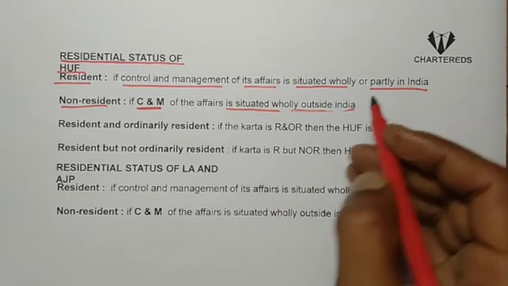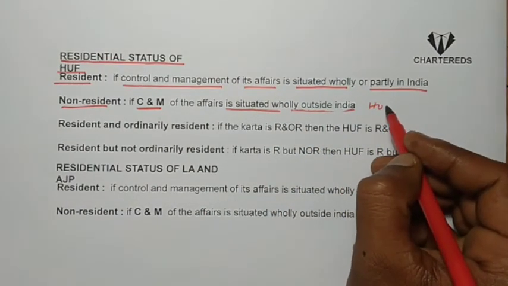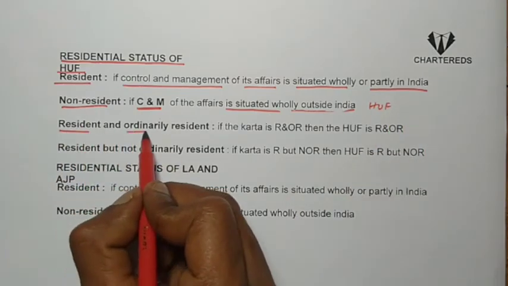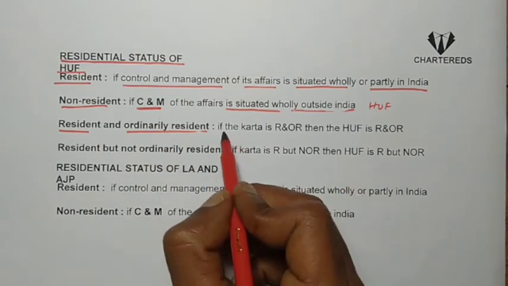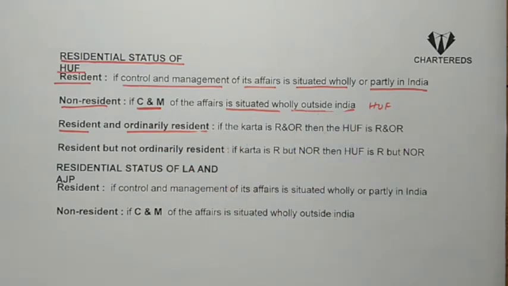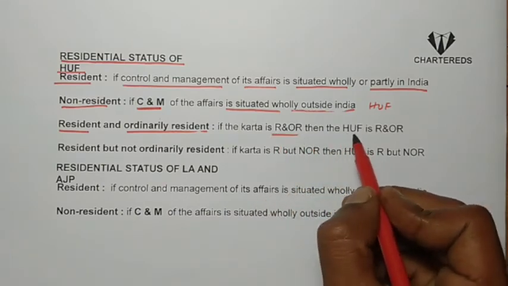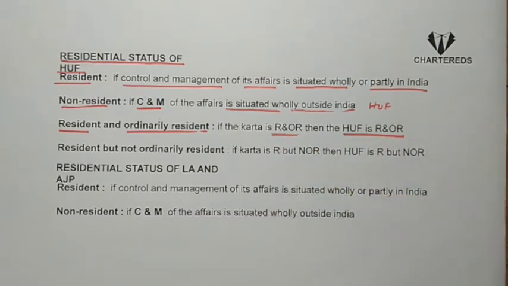Resident and ordinarily resident: if Karta is resident and ordinary resident, then the HUF is resident and ordinary resident.